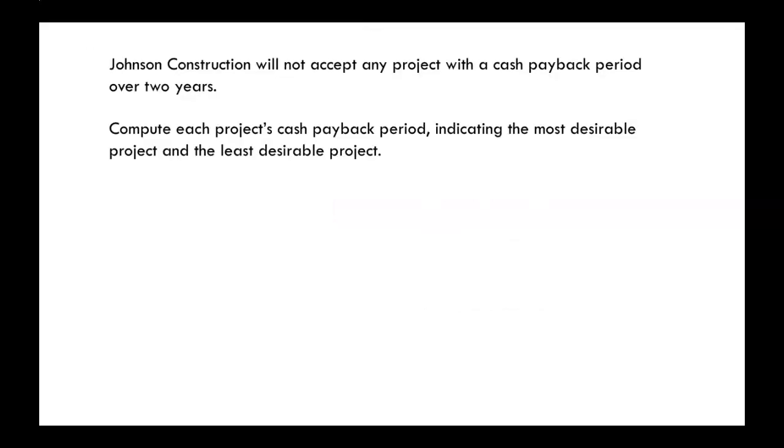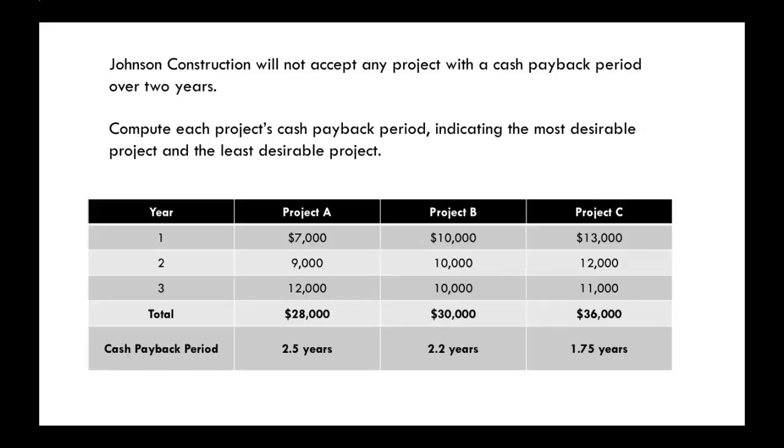We now need to figure out which project is the most desirable and which project is the least desirable. So we make a chart like this. We have all of our cash flows and our cash payback periods. Project C is the most desirable. We want to have a cash payback period as small as possible.